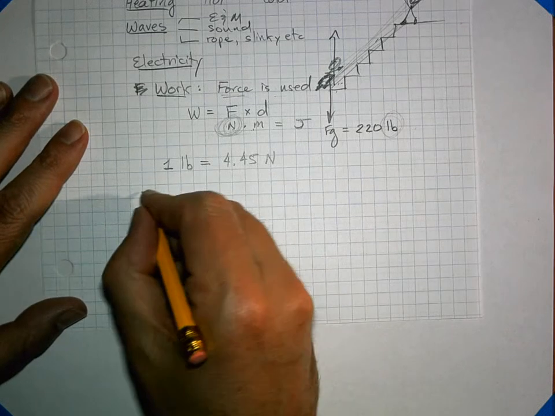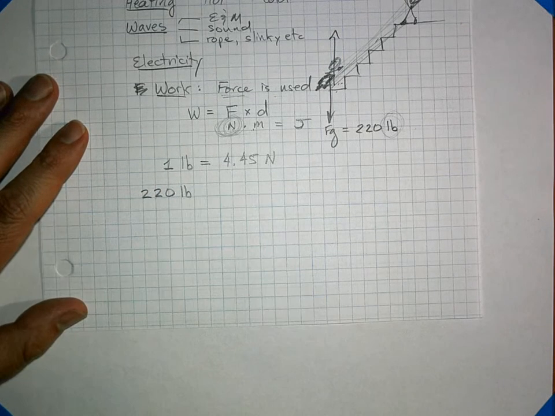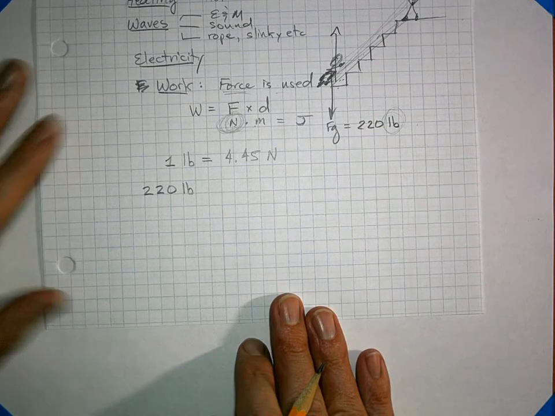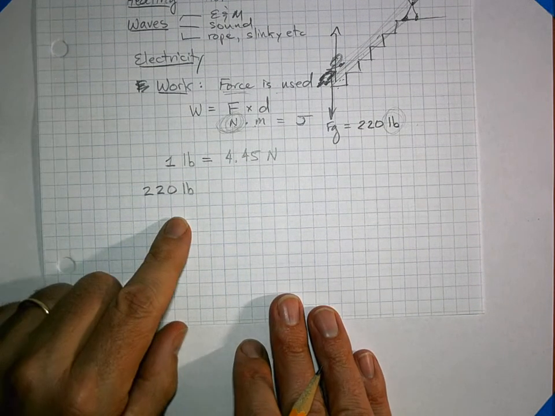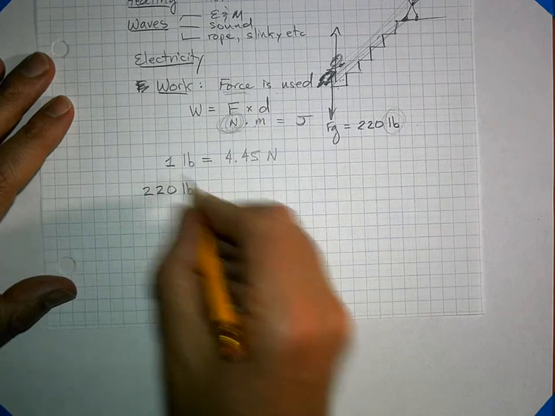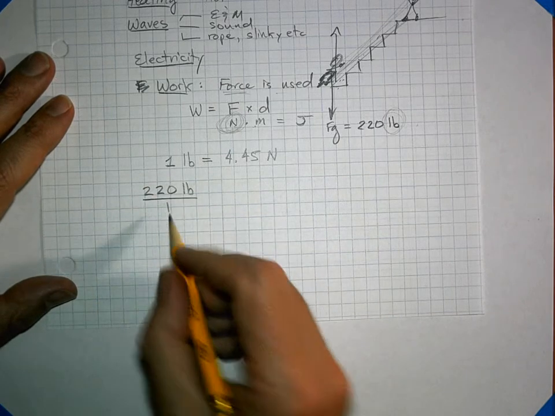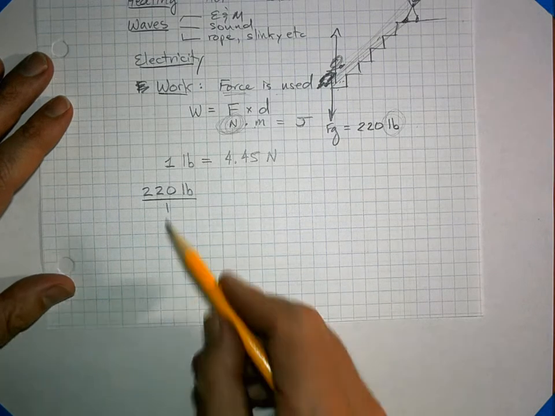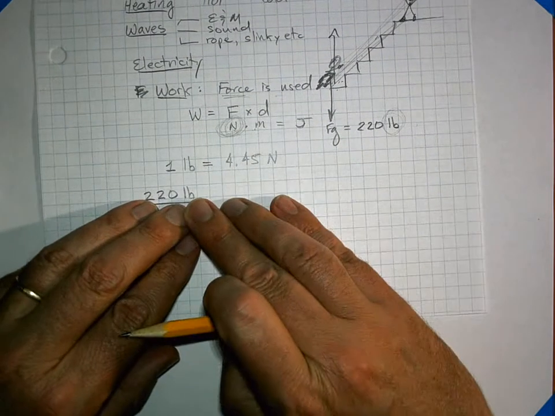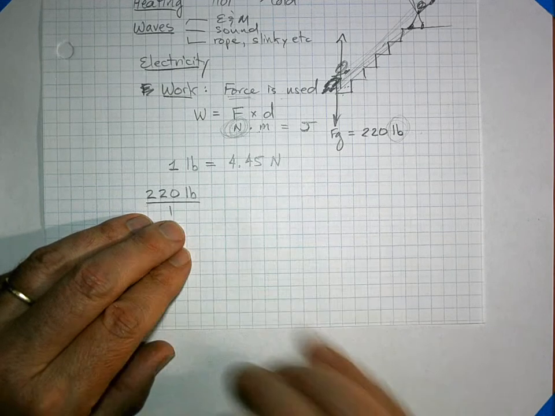And so I'm going to say 220 pounds, and I want to get rid of the pounds. So you take what you want to convert and you put it on top of a fraction where you divide it by 1, because that doesn't change anything, right? 220 pounds is the same thing as 220 pounds divided by 1.